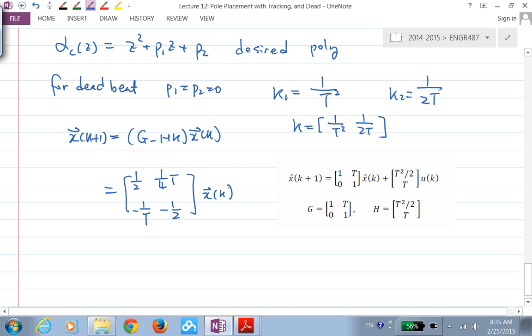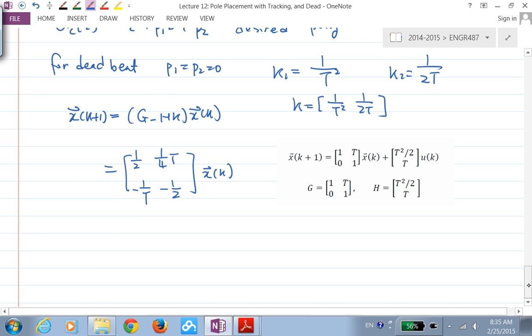That's the deadbeat design, based on the deadbeat response here. So now let's verify. Suppose that my initial condition is this: 1 and 1.